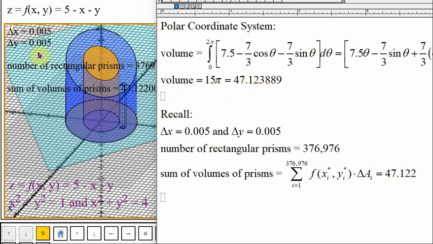Recorded a few moments ago when I ran the JavaScript program with the length of each rectangle at 0.005 and width also 0.005, we got 376,976 rectangles inside the region R, and the sum of the volumes was 47.122, and we can see that it's very, very close to the exact answer. And that's the end of the video.